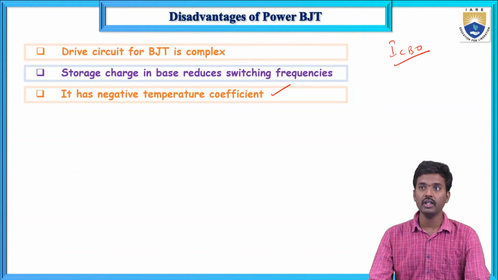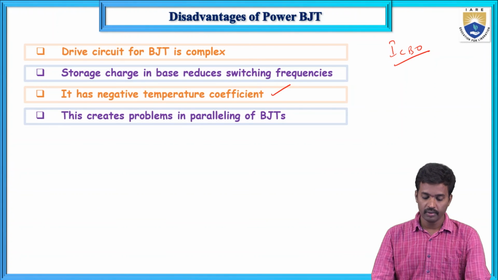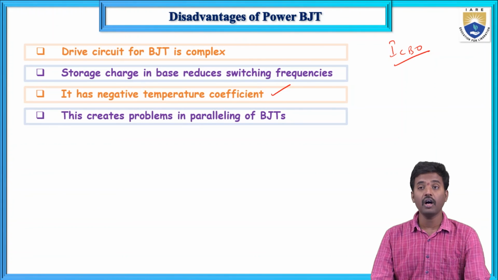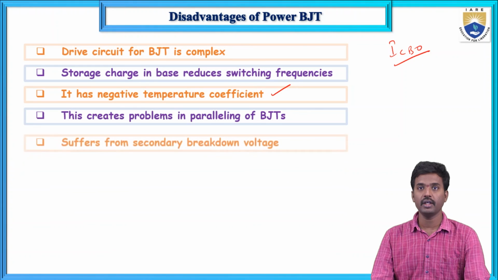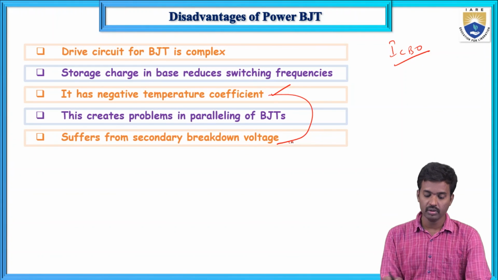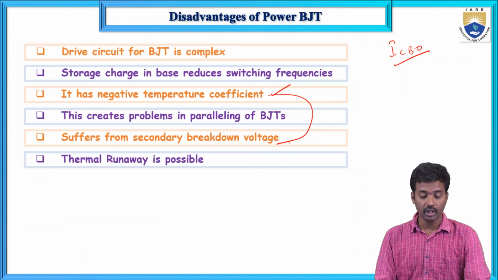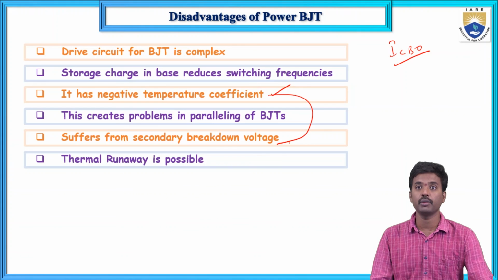So the collector current increases, which means overall power increases, and because of that secondary breakdown will happen. This creates problems in paralleling of BJTs, and it suffers from secondary breakdown. Thermal runaway is possible.